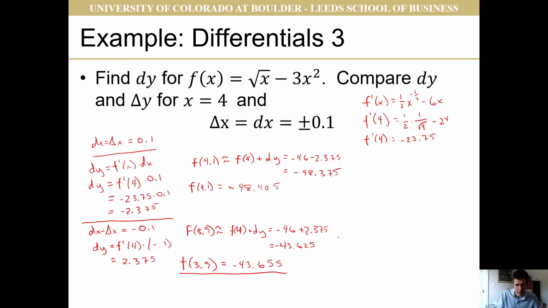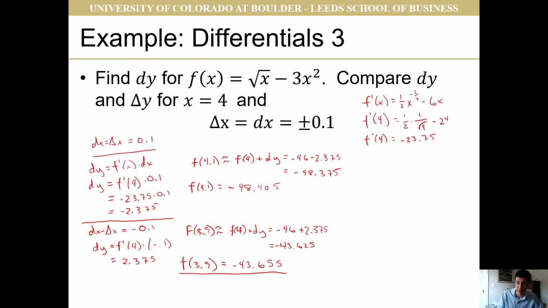So again, we calculated dy, did the differential. It gives us an approximate change in the y values to tell us what f of 4.1 is approximately: negative 48.375. We plug the numbers into our calculator, we get negative 48.405.